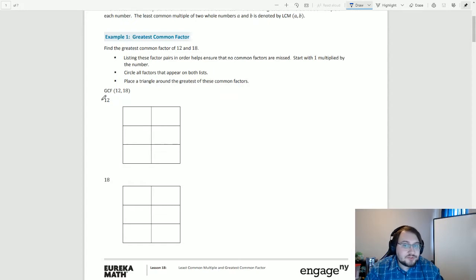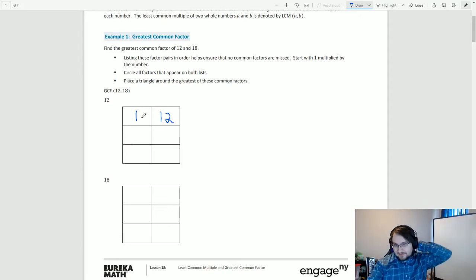Since we're starting out with 12, I'm going to start with 1 times the number itself, 12. That's easy. Every single number has a factor that is 1 and a factor that is itself. There is not a single number that does not have that.